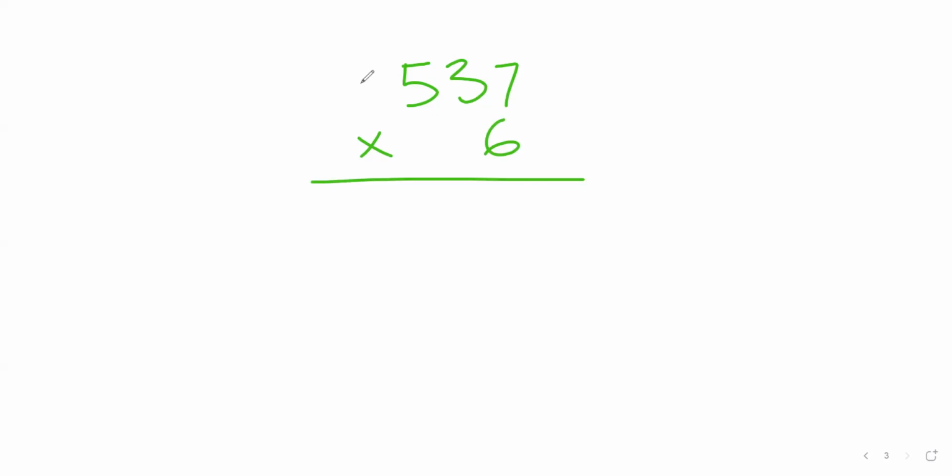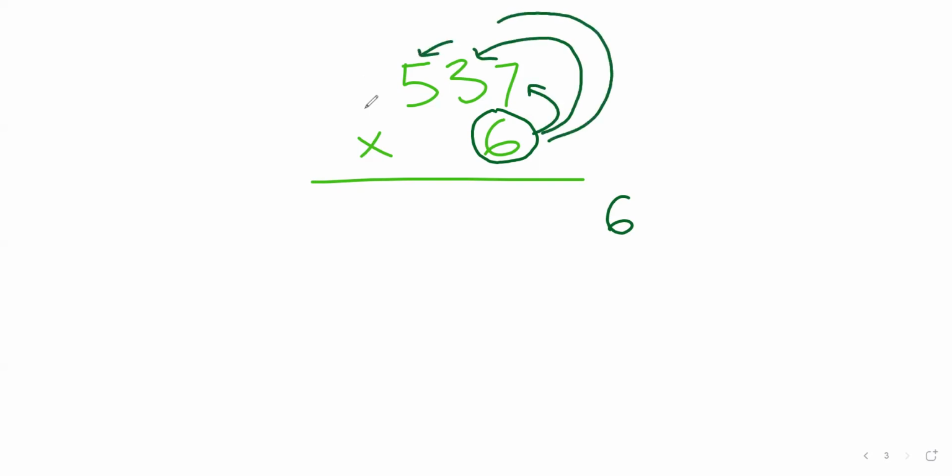Okay. Now it's the parts. Now watch how I do this. This really does work. Try it out and make sense of it and practice it, because that's the only way we're going to be able to make sense of how this works. So here are the parts. The parts are this ones place, 6. And I'm going to multiply it by each one of the place values that's in 537.